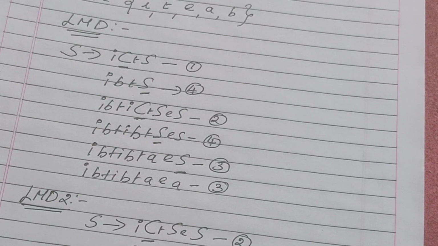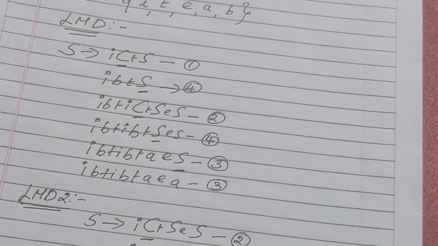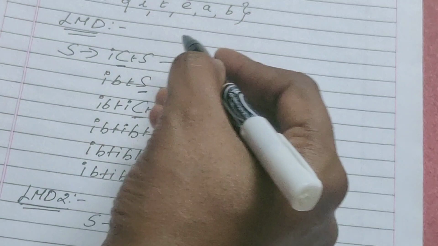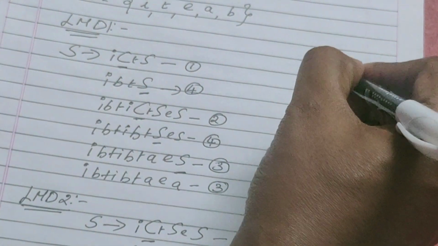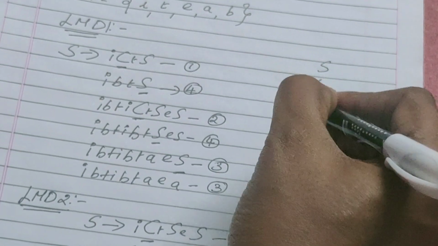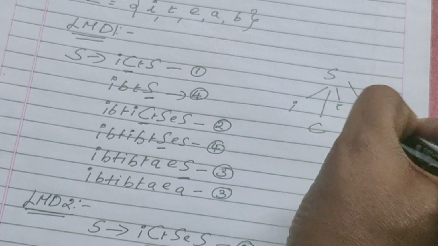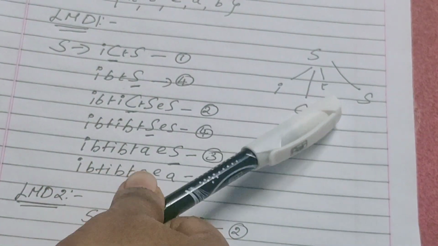I am not going to draw complete parse trees, I will just show you how I am getting two different parse trees. I hope you people can complete the parse tree construction. So for the first, LMD1, I'll draw the parse tree. The start symbol is replaced by ICTS, expanded as 4 branches.